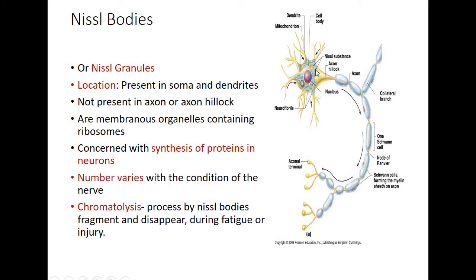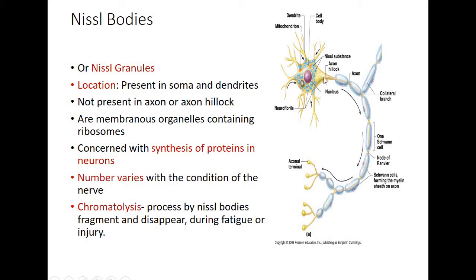You can see here in the cell body there are granular substances which are called Nissl bodies. They are present in the cell body or the soma and the dendrites, but not in the axon or the axon hillock. You can see here the initial first part from where the process arises. This is called the axon hillock.